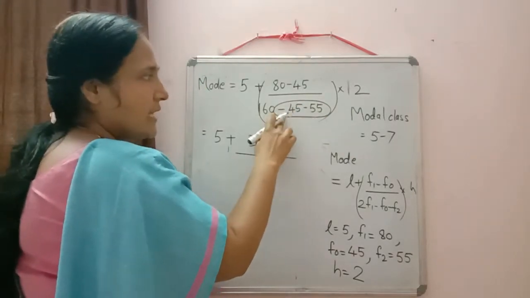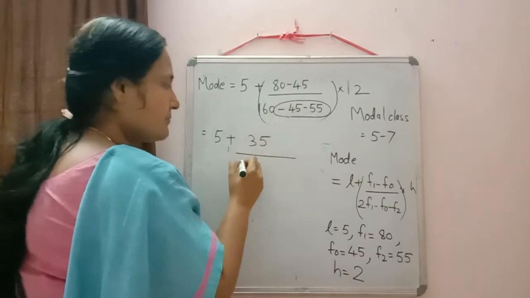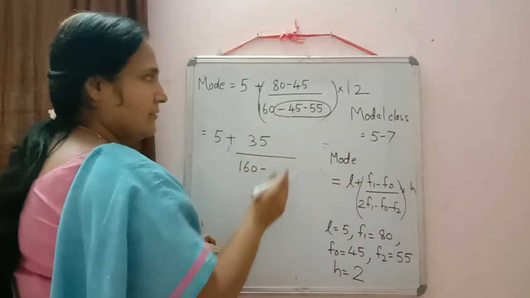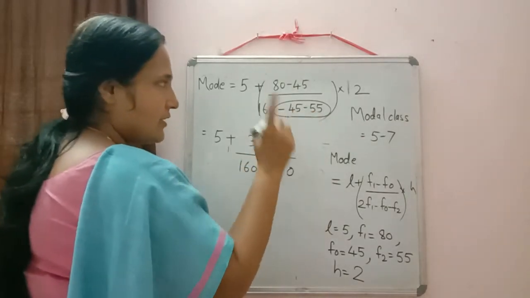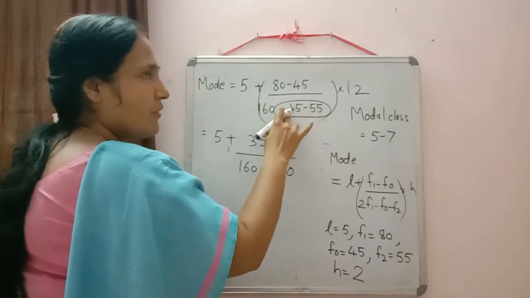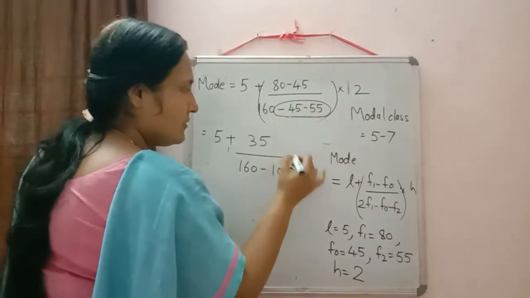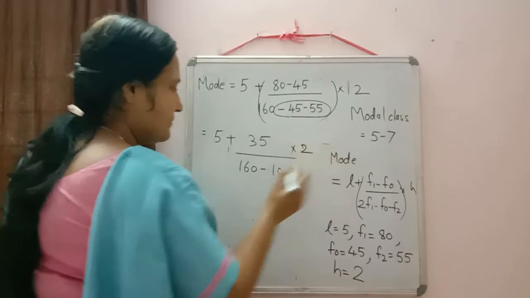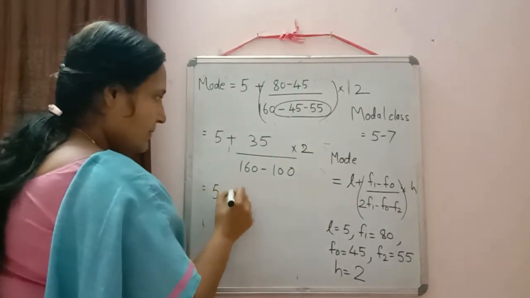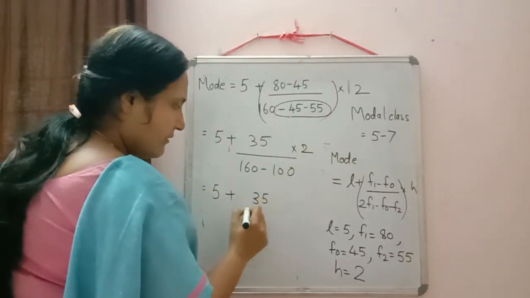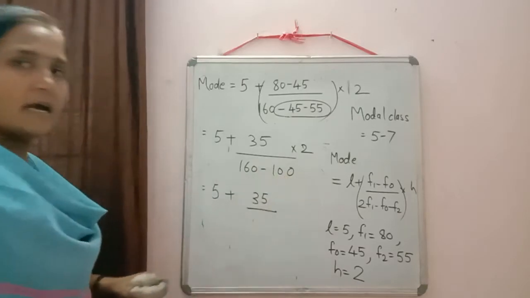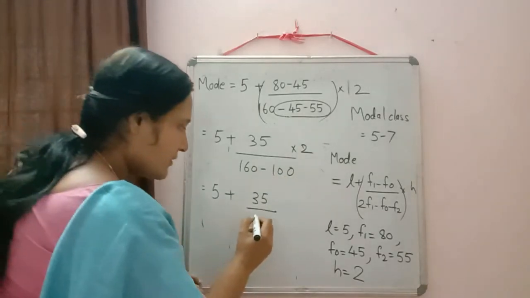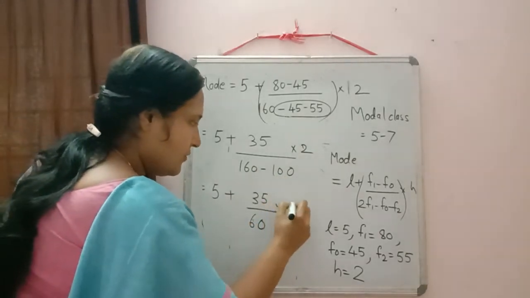When two numbers are negative, we add the numbers, but the sign will be negative. So 5 plus 5, 10, carry over 1. 5 plus 4, 9, plus 1 will be equal to 10. Into 2. 5 plus 35 by 160 minus 100. So that will be equal to 60, into 2.